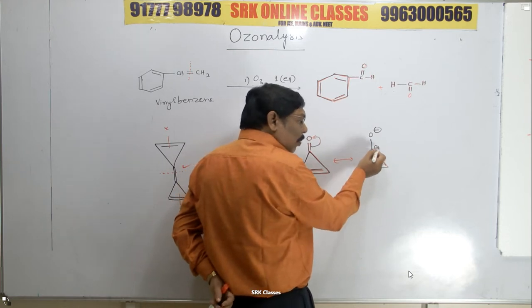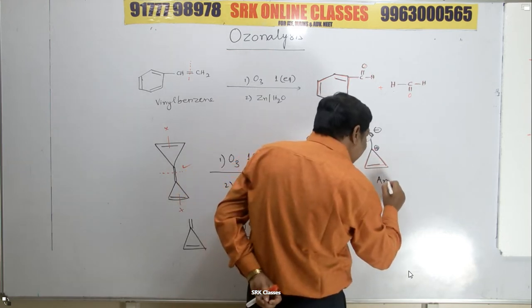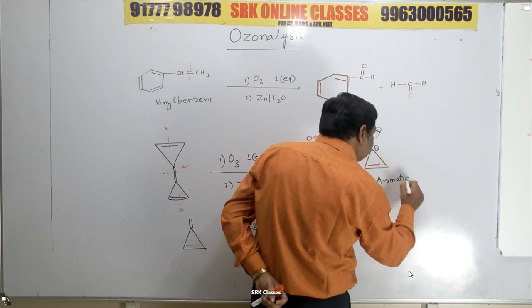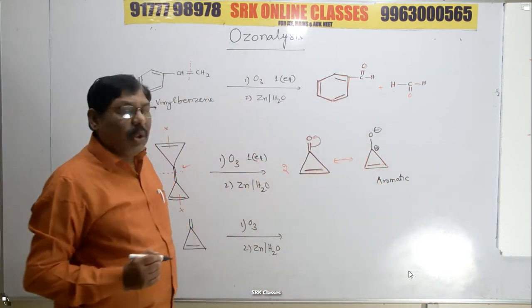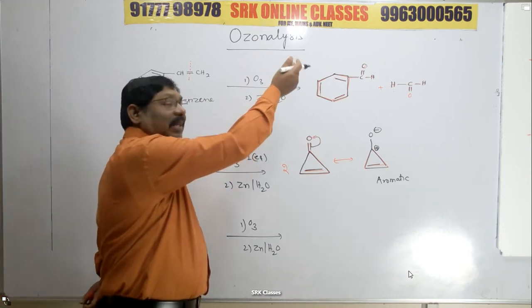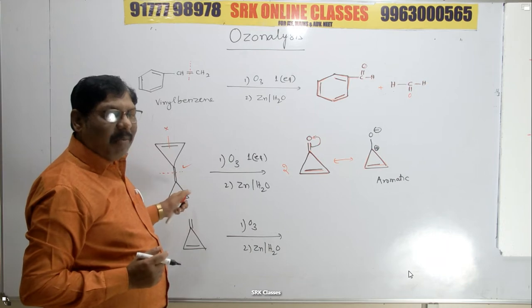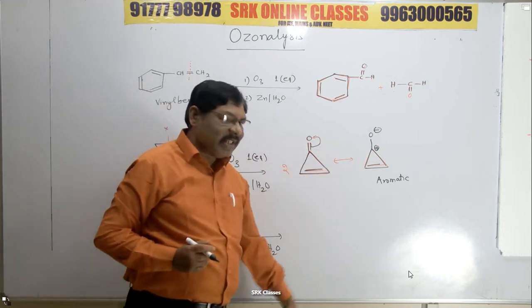So the cyclopropenyl cation is what? Aromatic. That's why the compound is stable. These are selective ozonolysis reactions which depend upon product stability. If I cleave here, that is an unstable compound. Therefore, selective ozonolysis is taking place.